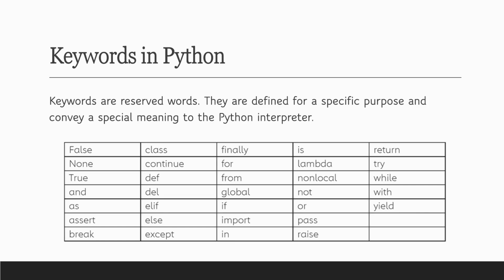For example, words like if, else, while, and for are keywords. We cannot use them as names for our variables or functions because Python has already reserved them for its own use. Think of keywords as the grammar rules of the Python language. They help the interpreter understand exactly what we want the program to do.